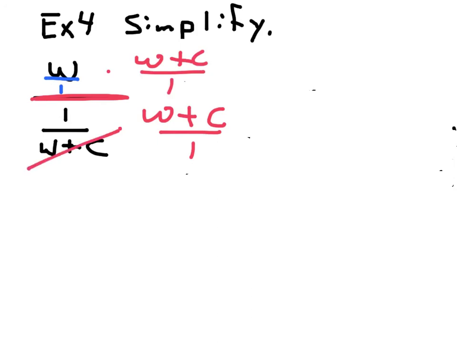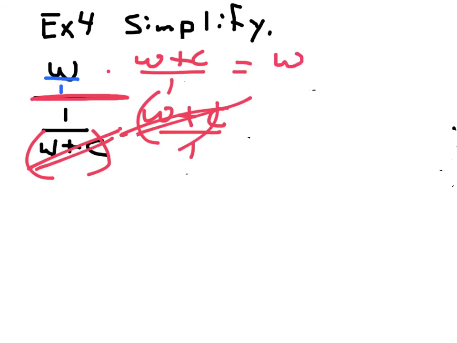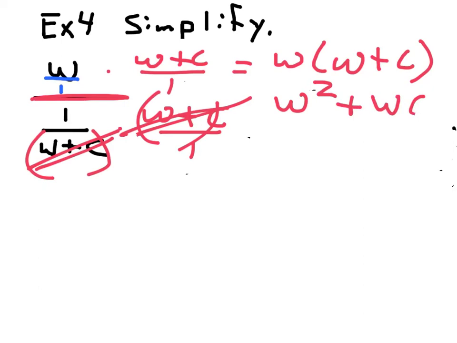Now, this couple and this couple cancel out, right? Not just the w's cancel out, not just the c's cancel out, but the whole value, that whole thing cancels. Now on the top, nothing to cross cancel, but I've got to take w times whatever times the couple, right? Which is w squared plus wc.